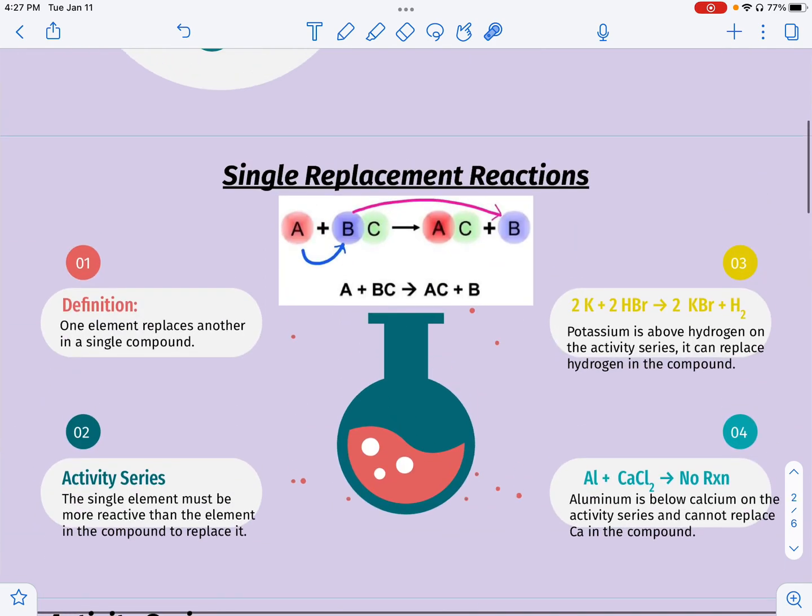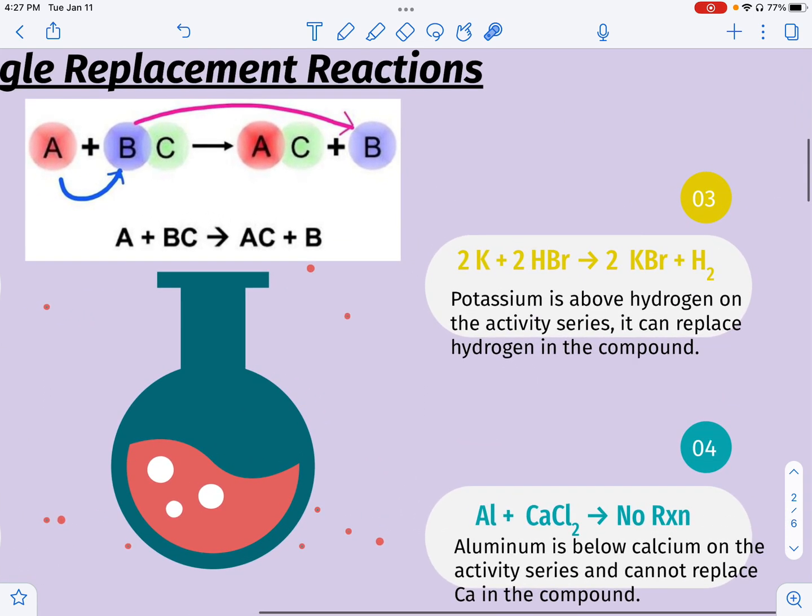All right, so the other thing that we're going to take a look at is what happens. Well, if I say in this reaction here that we have potassium and it may react with hydrogen bromide, if we look at the activity series, we're going to try to decide, can potassium take hydrogen's place? So right now, hydrogen and bromine are combined together in a compound, and unless potassium is more reactive than hydrogen, this will just stay the same.